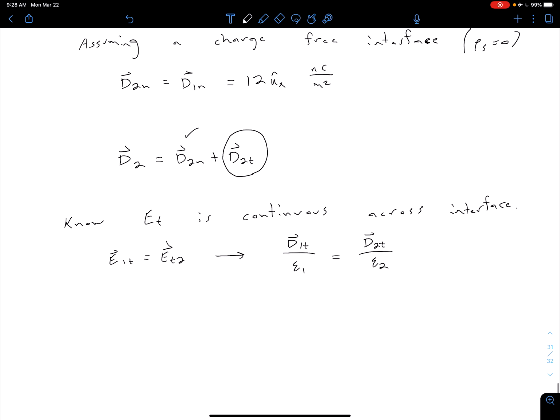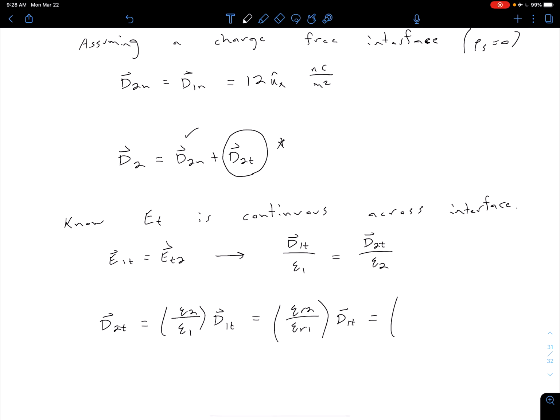Now ultimately we're looking for this D2t, so let's rearrange that and say D of 2t is equal to epsilon 2 over epsilon 1 times D of 1t. Of course, each of those epsilons has an epsilon naught term, so they're going to cancel out, and we'll have epsilon R2, the relative permittivity of region 2, over epsilon R1, the relative permittivity of region 1, times our tangential component of 1.